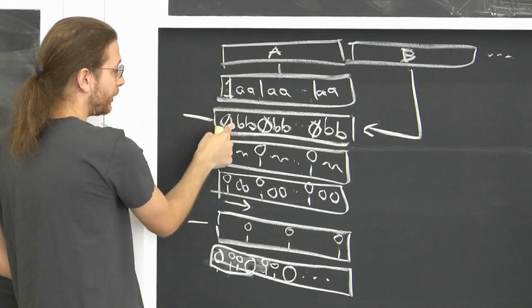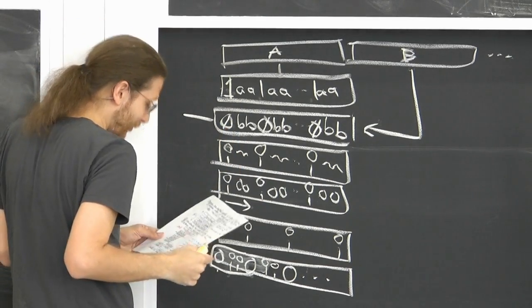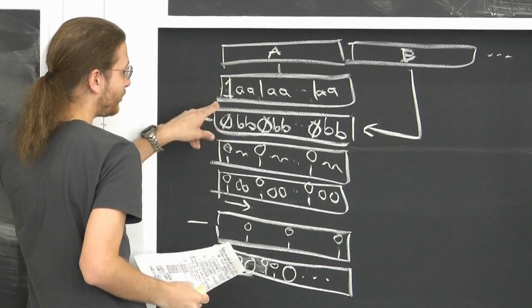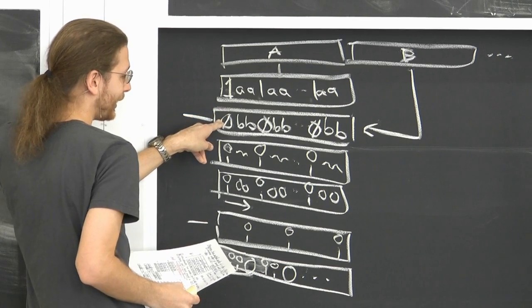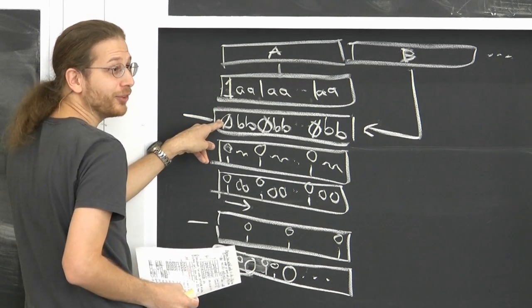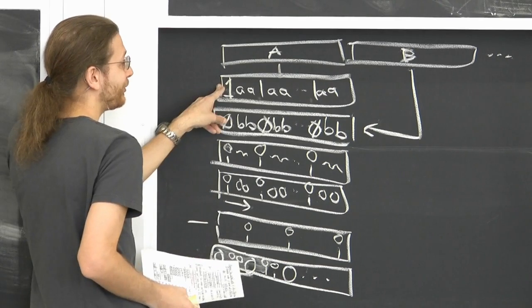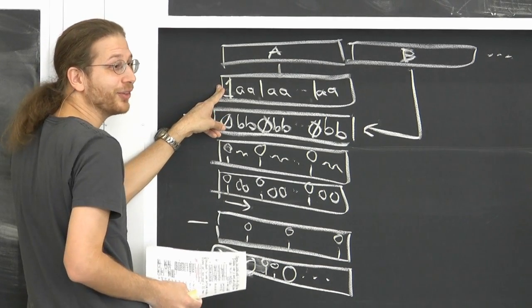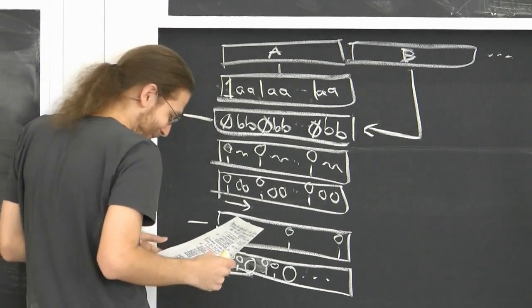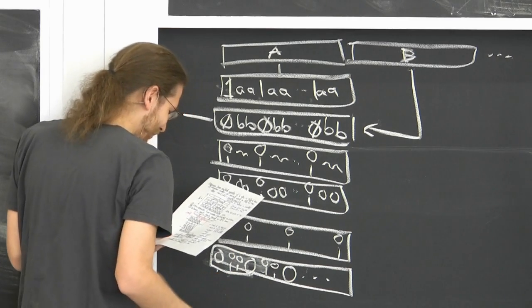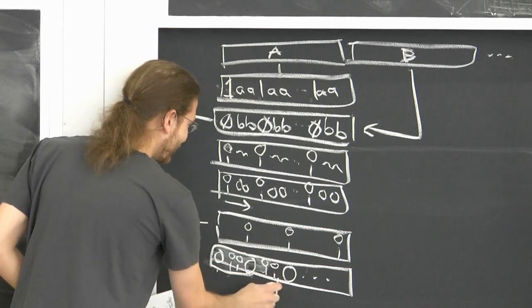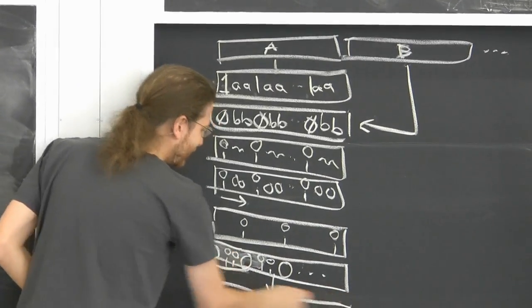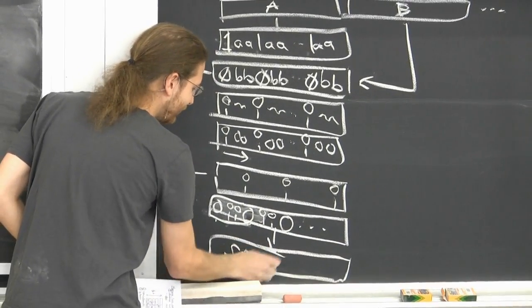The ones correspond to when the b's are smaller. So if I take this ANDed with this, I get the large b's. If I take this ANDed with this, I get the small a's, or some of those combinations. I think here I get the small a's.